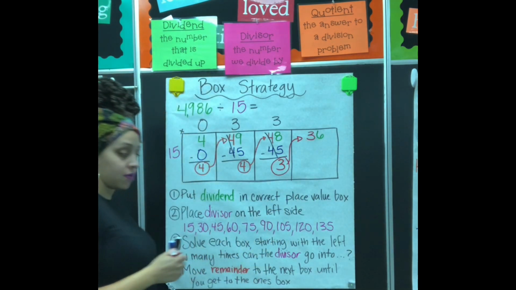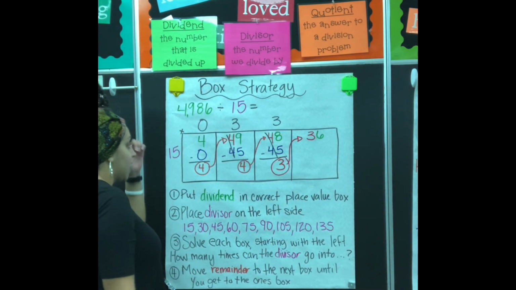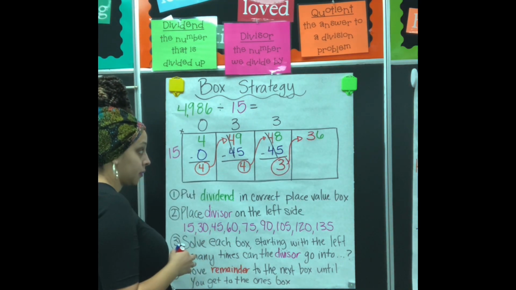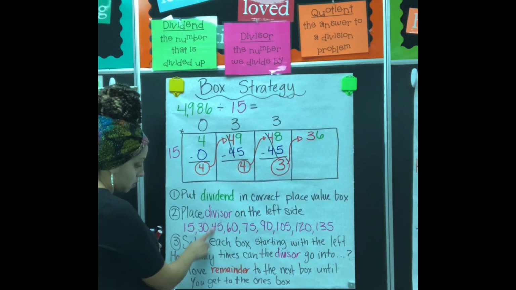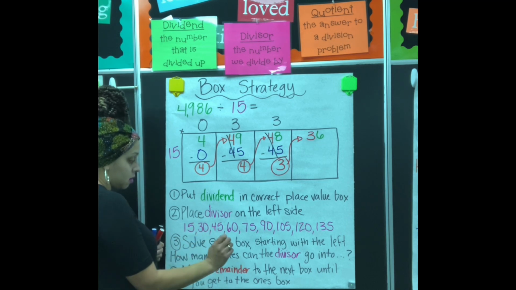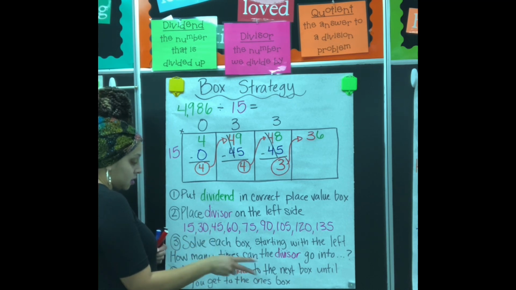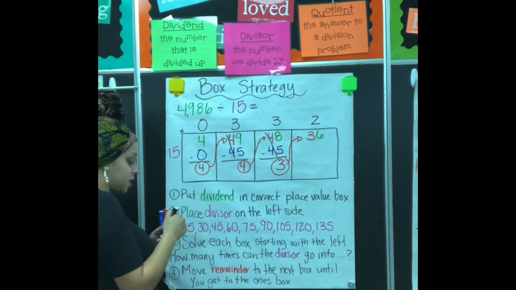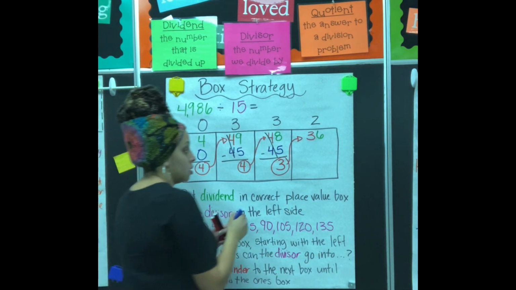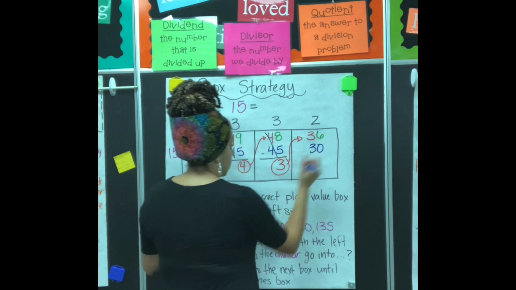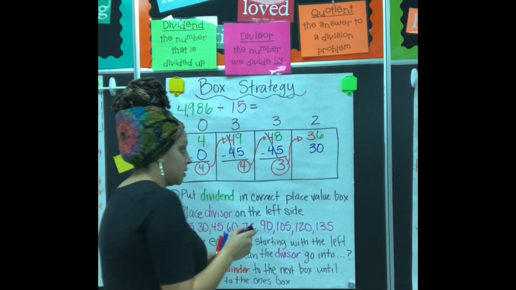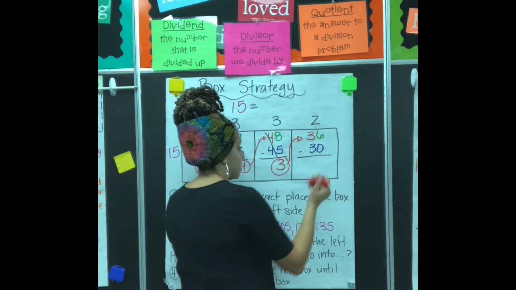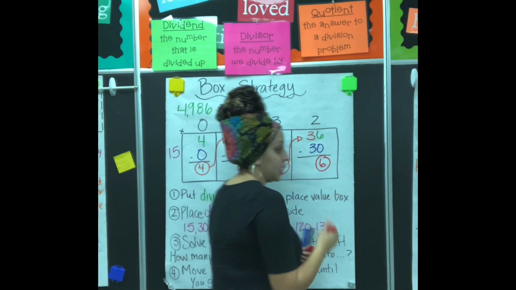And now I have 36. And I think, how many times can 15 go into 36? Without going over, it's only twice. So then I'm going to go 2 times 15 equals 30. I'm going to go 36 minus 30 equals 6. Is 6 a good remainder for my problem?